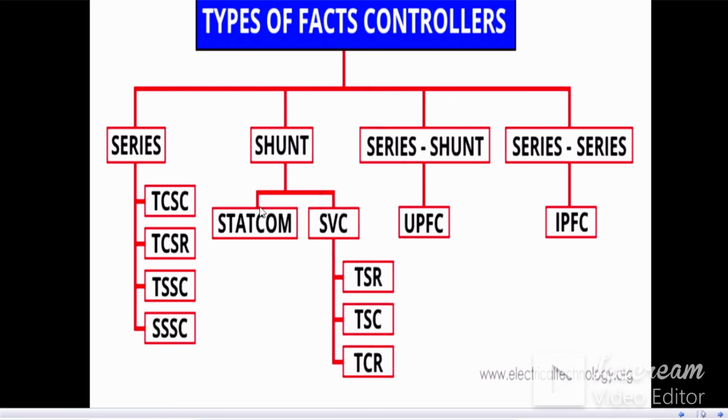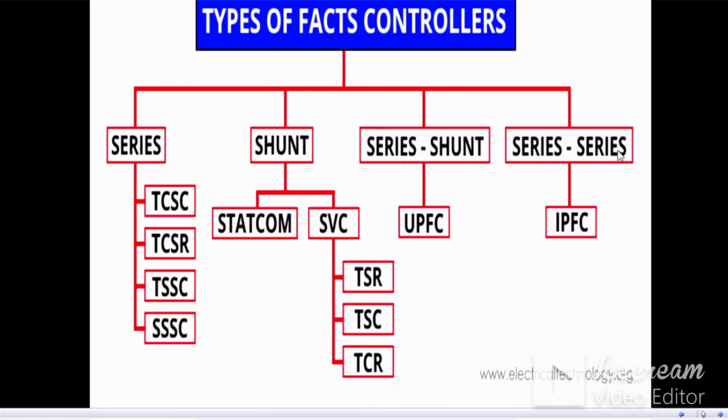In shunt, we have STATCOM and SVC, static VAR compensator. Now static VAR compensator, depending upon the position of reactor, controller, that is thyristor, capacitor and switches, can be configured into 3, that is TSR, TSC and TCR. In hybrid type, in series and shunt, UPFC comes, that is unified power flow controller.